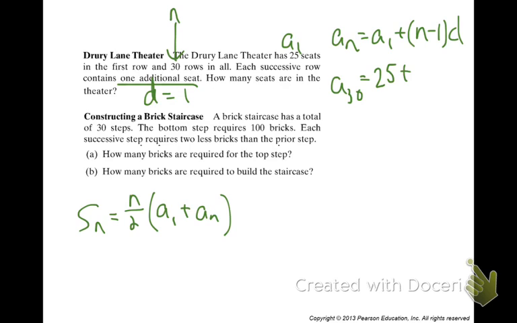N minus 1. 29. And what was our difference again? 1. So how many seats are in that 30th row? 54.